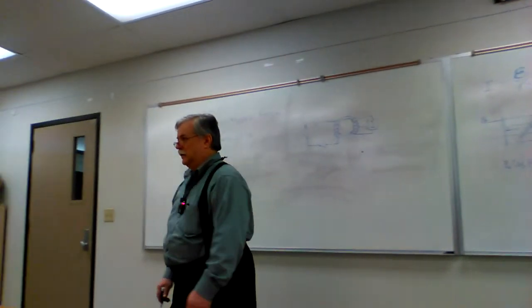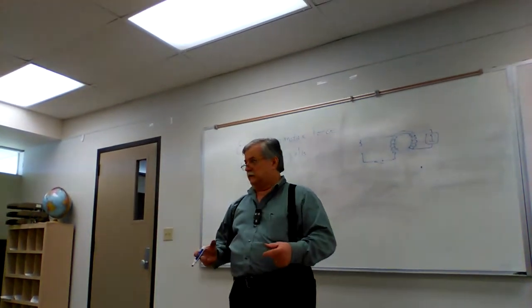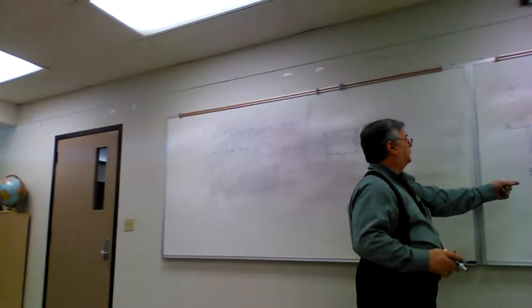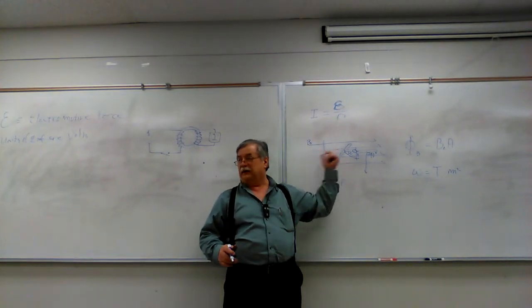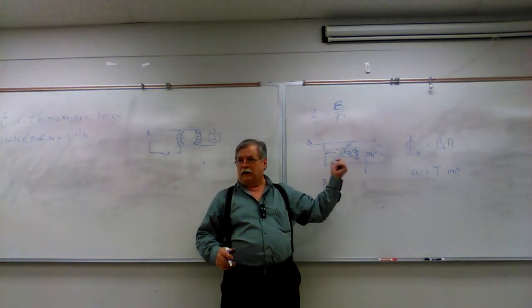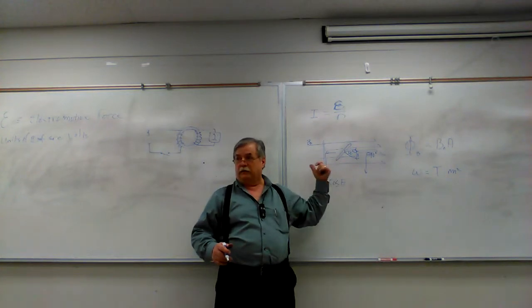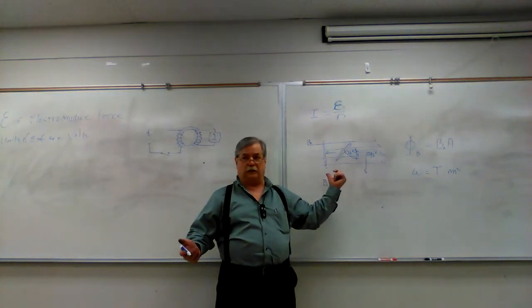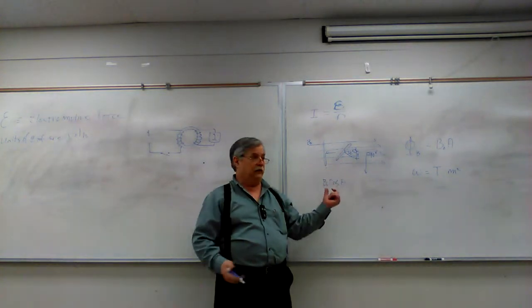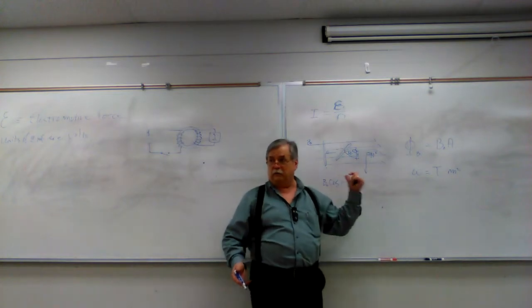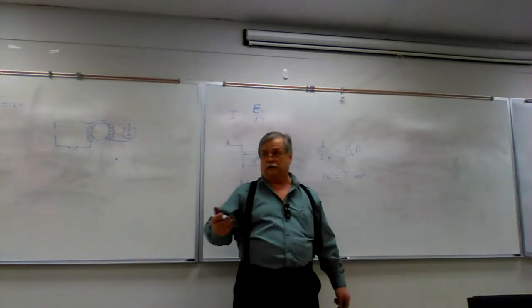So when we talk about magnetic field, we're talking about B itself, the actual magnetic field, the lines of force, B sub naught. And the units of B sub naught are, somebody? Tesla, thank you. The units of the magnetic field are Tesla, or Gauss.